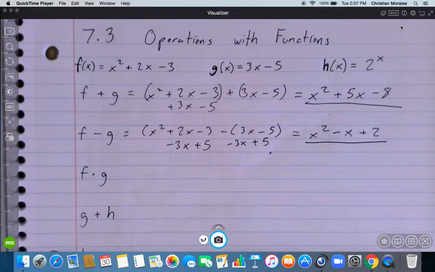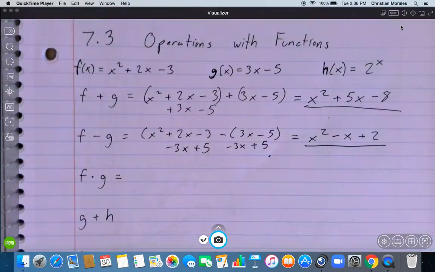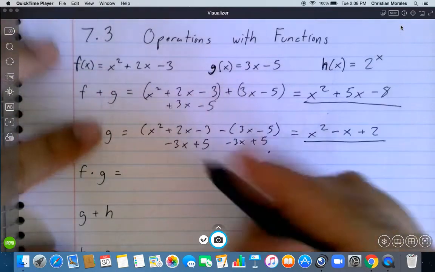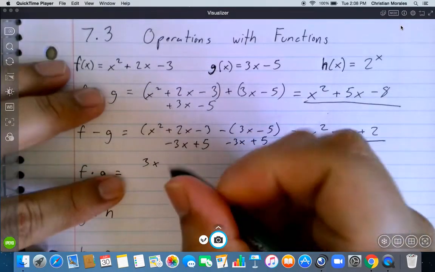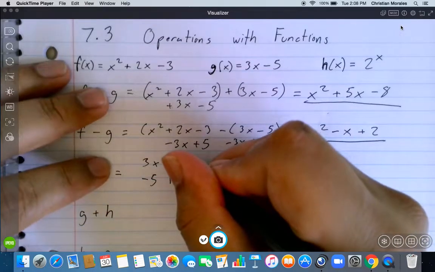All right. Now, what if we multiply? Well, guys, multiplying can get tricky. What I recommend you do is you draw an area model. If you're going to multiply these functions, I would take 3x and negative 5 and make an area model with it.